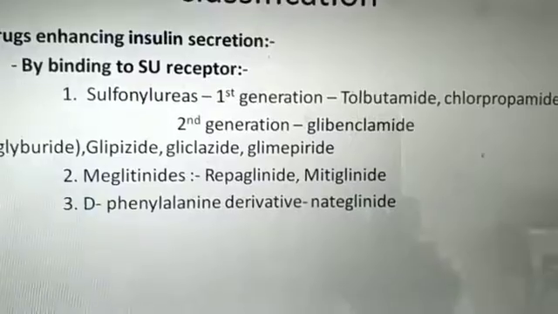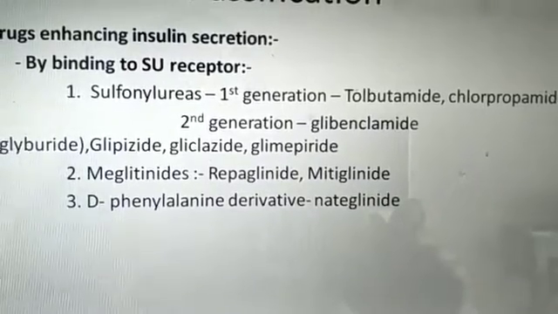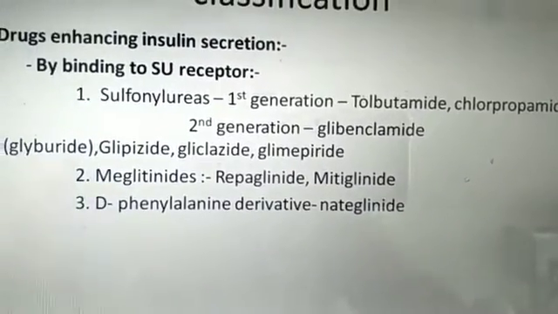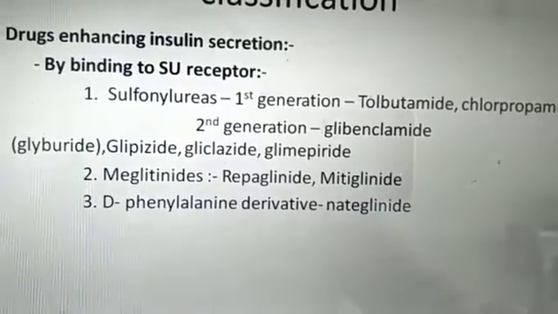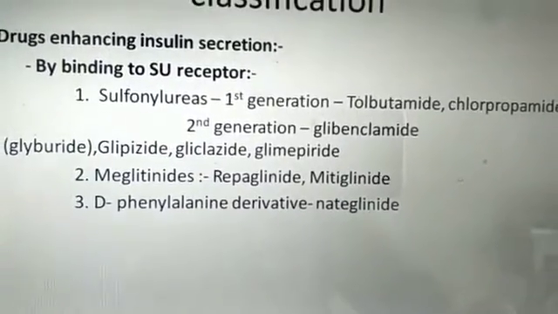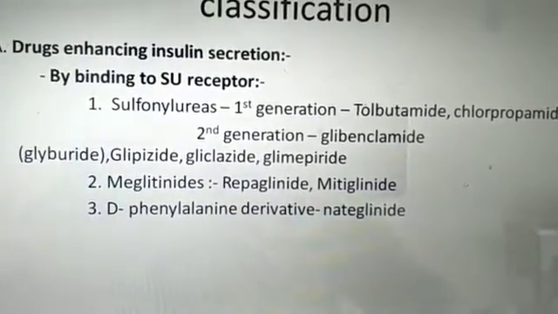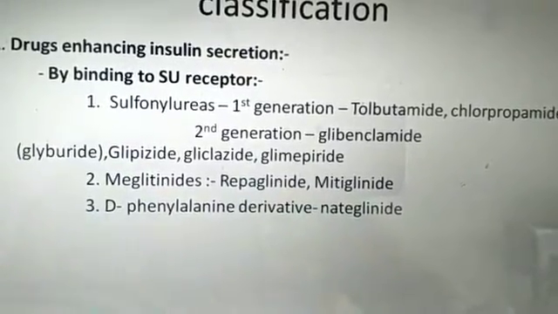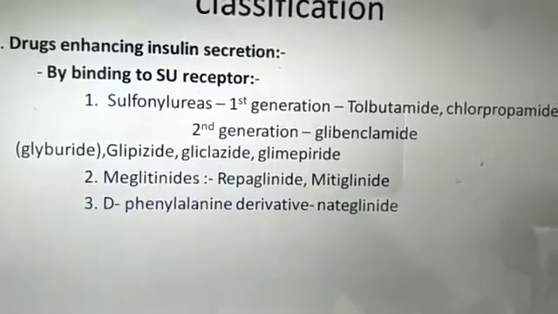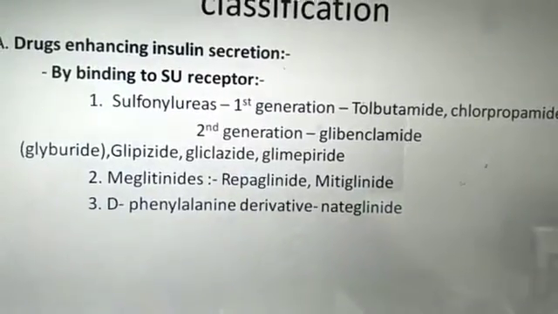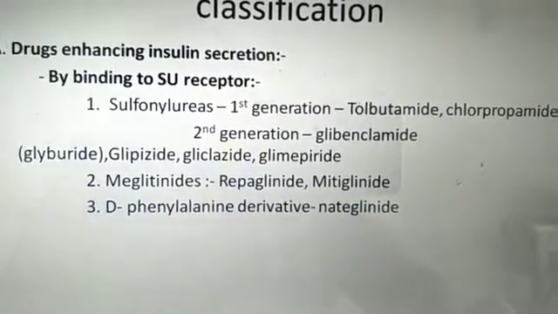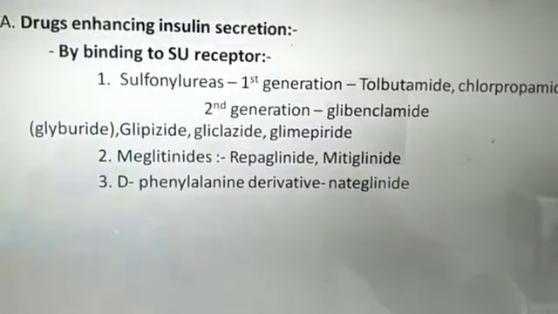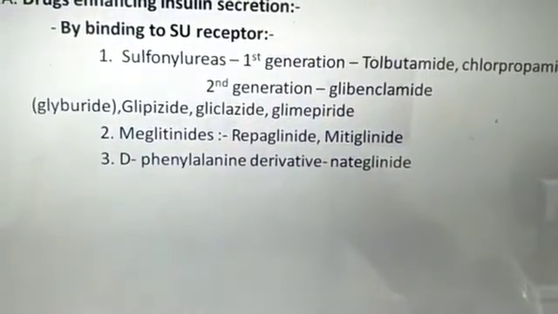Then we have meglitinides, repaglinide and mitiglinide, and then we have the D-phenylalanine derivative nateglinide. So repaglinide, mitiglinide, nateglinide and sulfonylureas bind to the sulfonylurea receptor and increase the insulin secretion from beta cells of the pancreas.